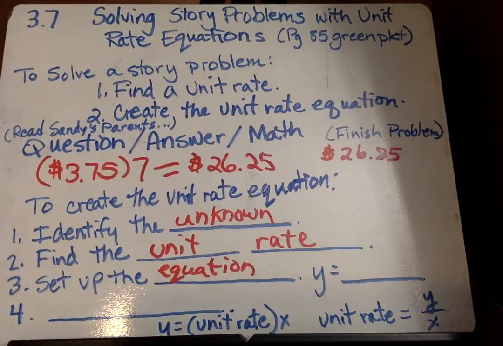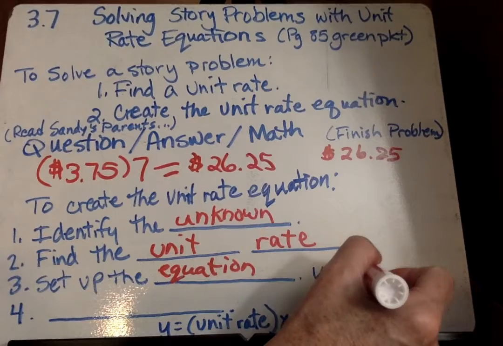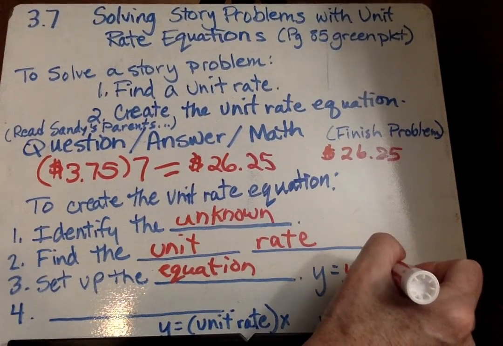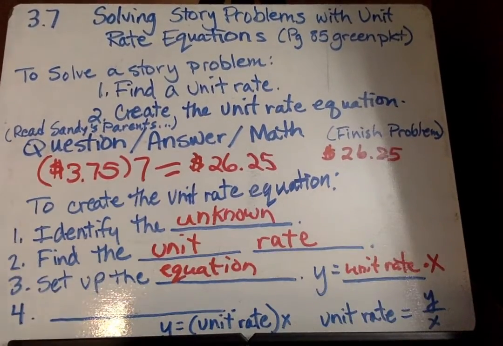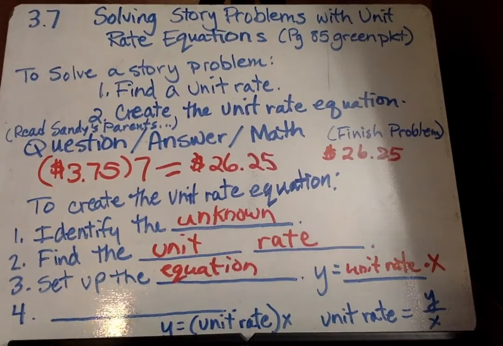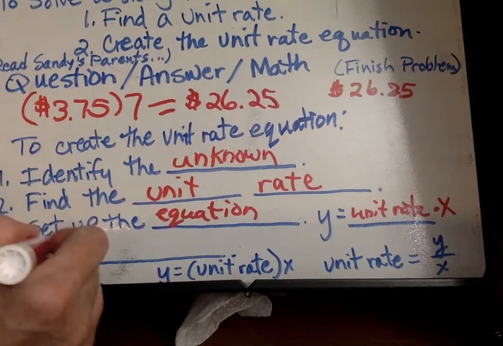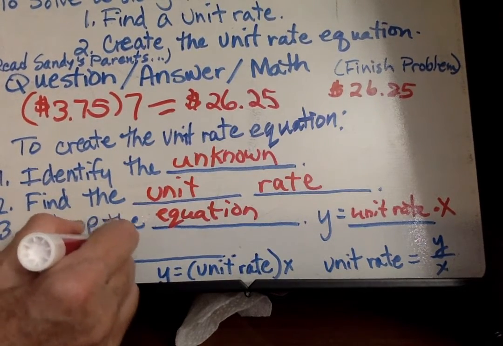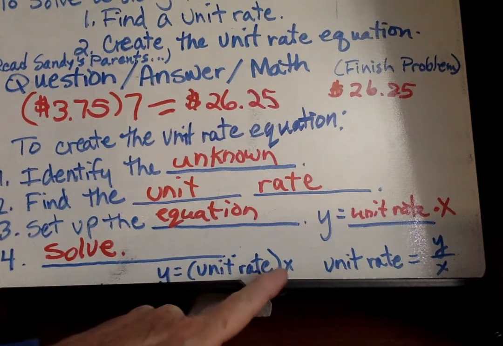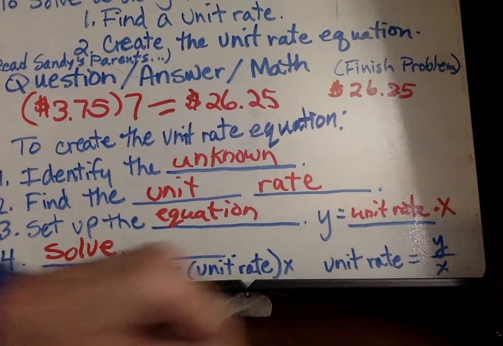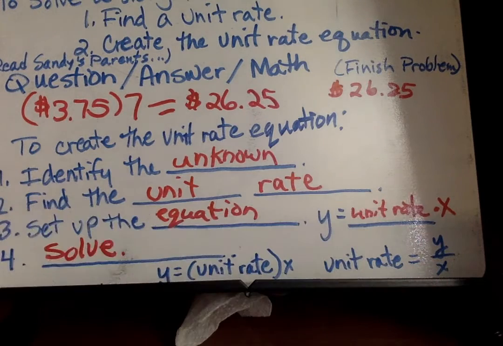And it's y equals the unit rate, whatever that is, times x. So the dot is times, remember that. Okay? All right, and then step number 4, solve. Okay, so remember y equals the unit rate times x. The unit rate equals y over x. But when you set up the equation, it should be y equals the unit rate times x.